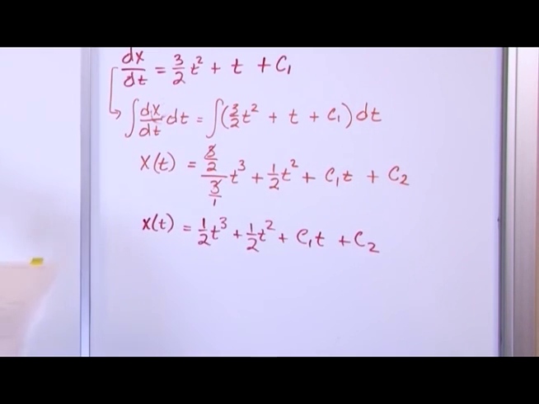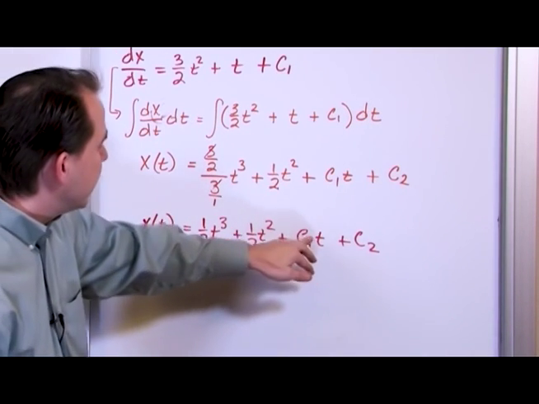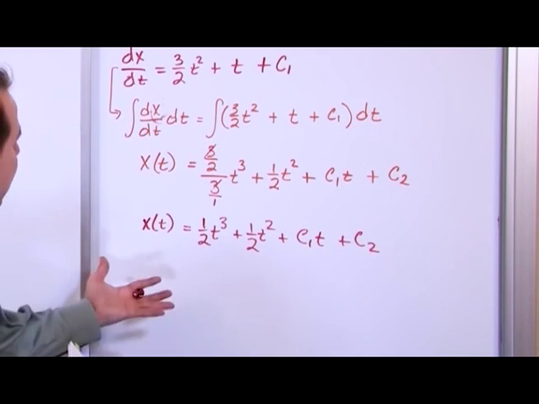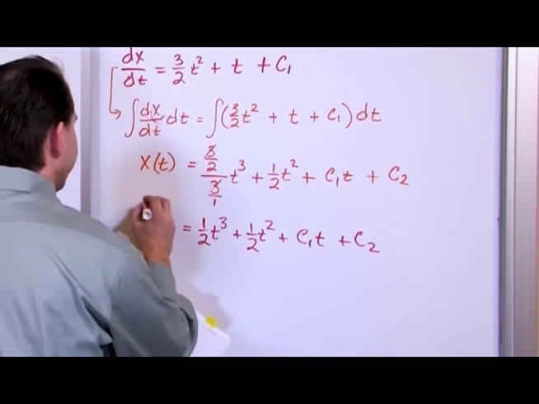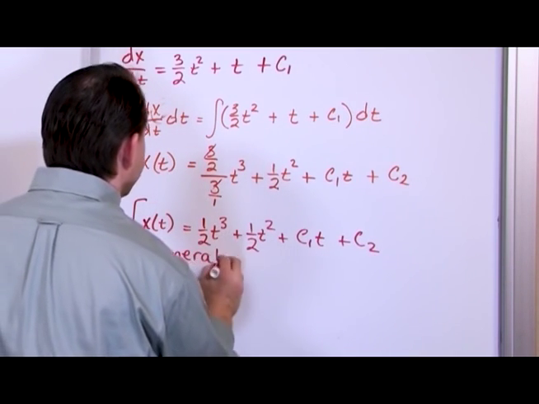So you see where all the t's come in handy, with a little thingy at the end of it. It's going to help you out a lot. That's the answer. This is the general solution. So I'm going to circle this. I'm going to write down general solution.